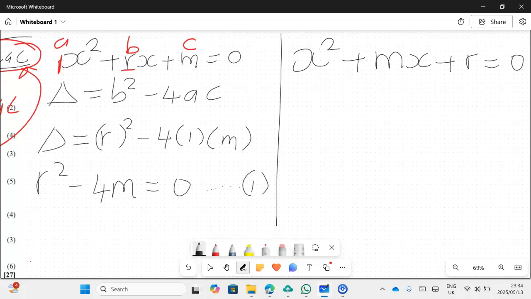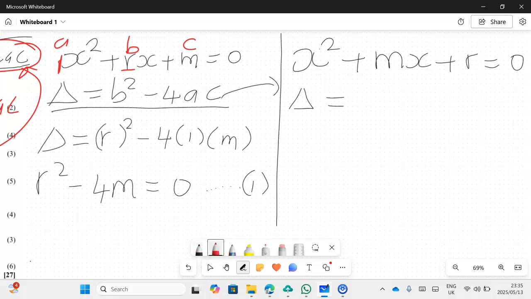The same rule applies to the second equation. b squared minus 4ac must be equal to 0. So for our discriminant we substitute from this, and this will be our b. Our a is still 1, our b is m now, then our c is r this time. So I'm going to have m squared minus 4, then a is 1, and c is actually r.